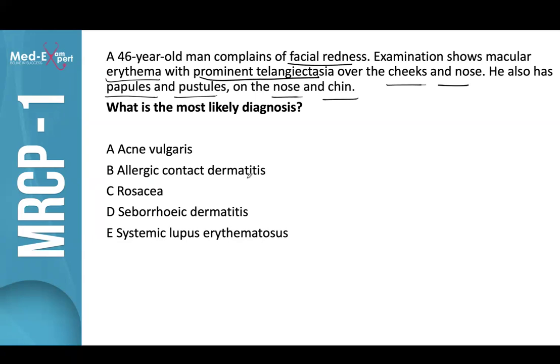They may or may not tell you it gets worse when he drinks alcohol. Anyone? Excellent. Yes, this is rosacea. Treatment is to avoid alcohol, and you can give topical metronidazole.